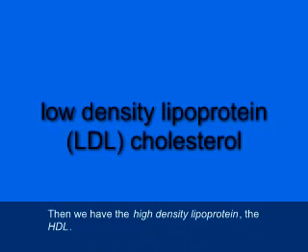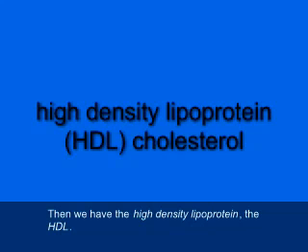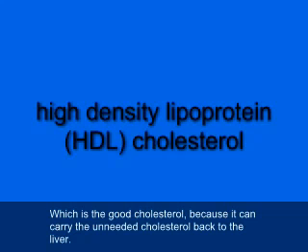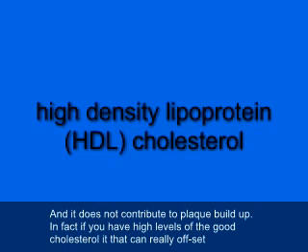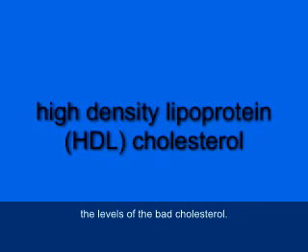Then we have the high density lipoprotein, the HDL, which is the good cholesterol, because it can carry the unneeded cholesterol back to the liver, and it does not contribute to plaque buildup. In fact, if you have high levels of the good cholesterol, that can really offset levels of the bad cholesterol.